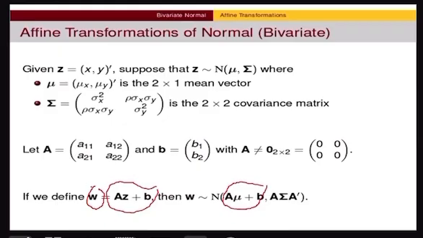But I'm seeking the variance of W now. In the variance of W, B is a constant. The variance of a constant is 0, so that is not going to be part of it. I'm only going to be focusing on AZ, and that is going to be this guy. I'm going to have A variance covariance A transpose.